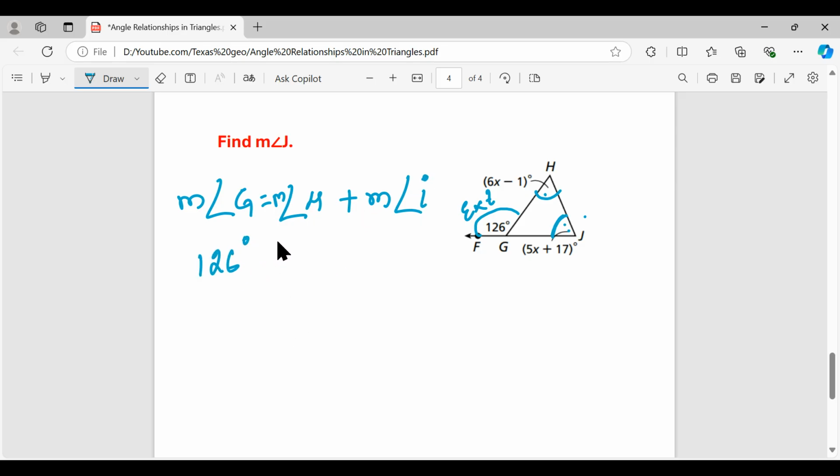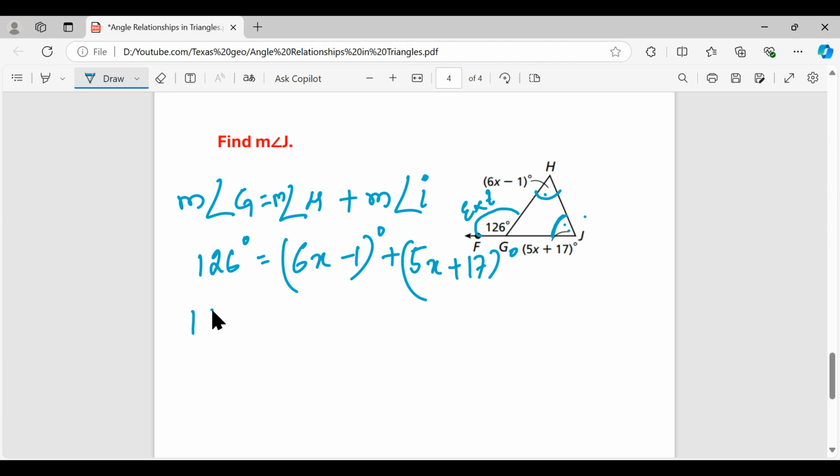This will be 126 degrees equals 6x minus 1 degrees plus the measure of angle I. This is also given to us actually. So we replace the measure of angle I with the given value, that is 5x plus 17 degrees.